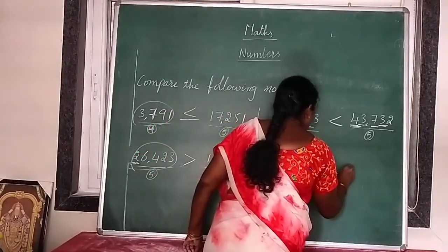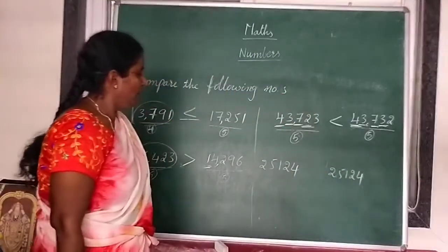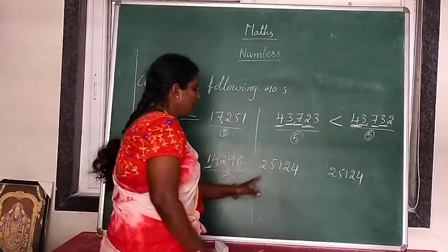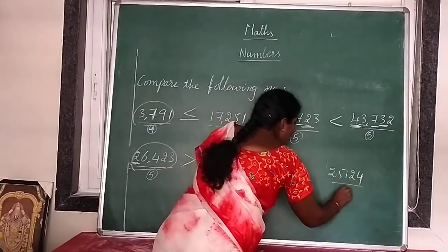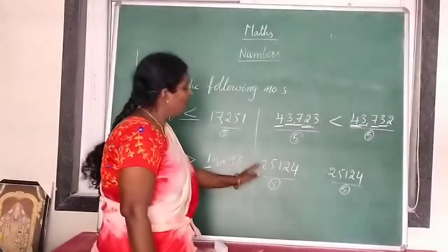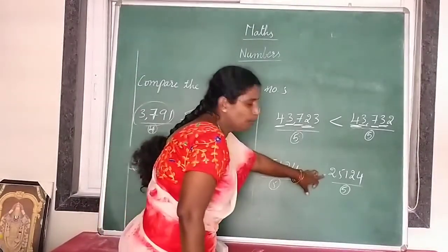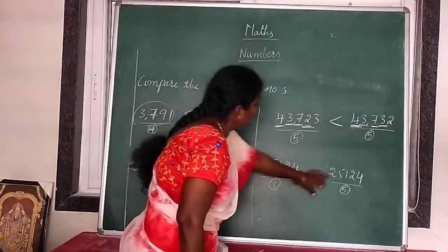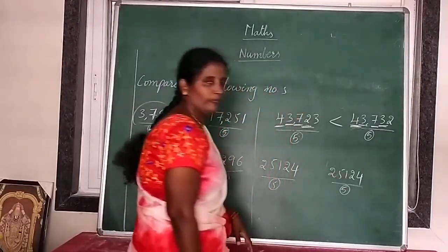25,124 and 25,124. Now this is a 5-digit number and this is also a 5-digit number. Both are 5-digit numbers. Now compare from the 10,000 place. 2, same. 5 also same. 1 is also same.